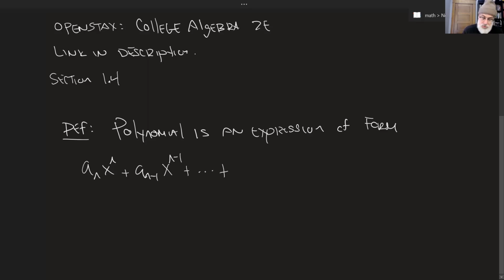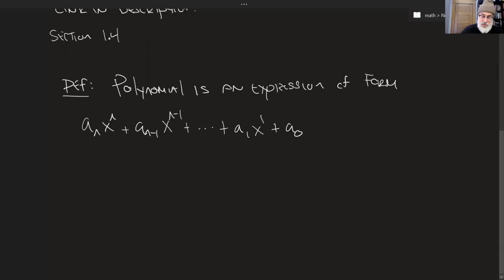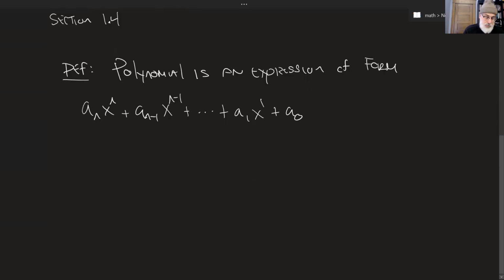And this will continue to a sub 1 x to the 1 plus a sub 0. Again, this is very abstract, very general.